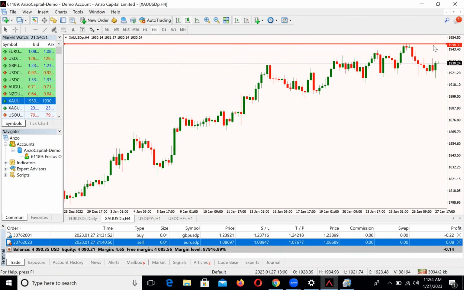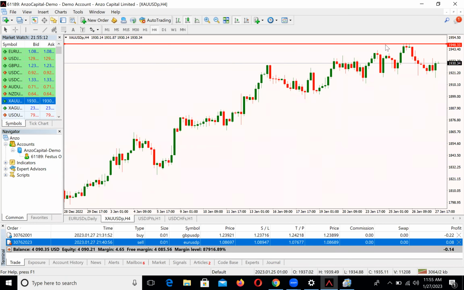You use pending orders. So you say, once price gets to this point, the market automatically sells for me. Even if you're not on your computer at the time price gets to the place, once it hits it, it activates a sell order for you, and you see price start going down, it starts making you profit.